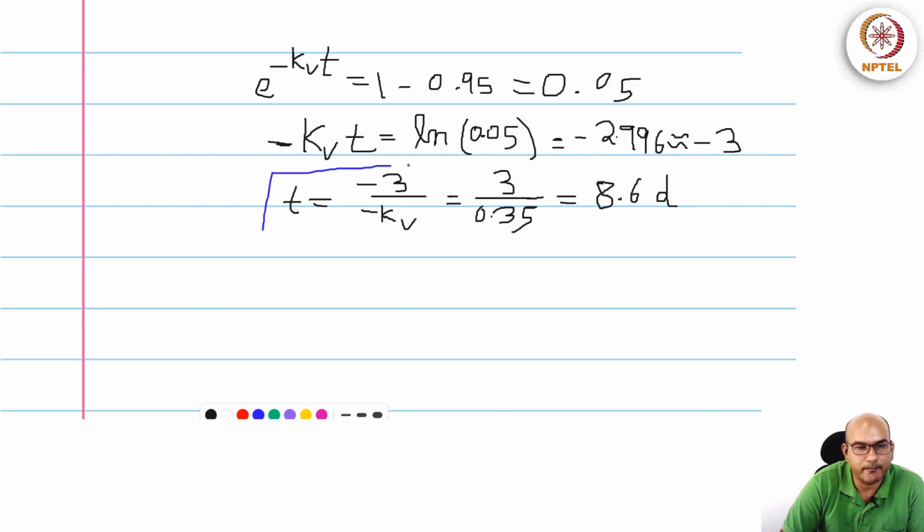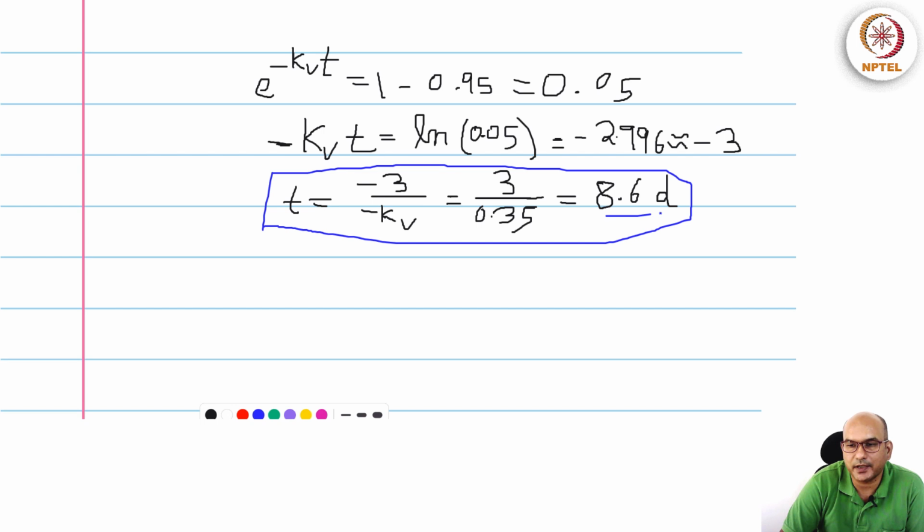So we see that although the service time of the carpet or textile is 10 years, the concentration due to the emissions from this textile is already reaching 95% of the steady state concentration in 8.6 days.